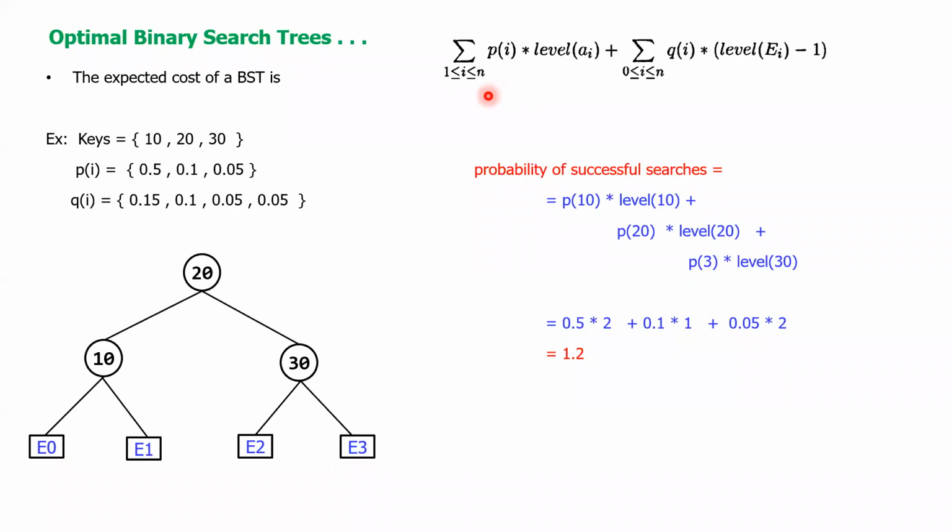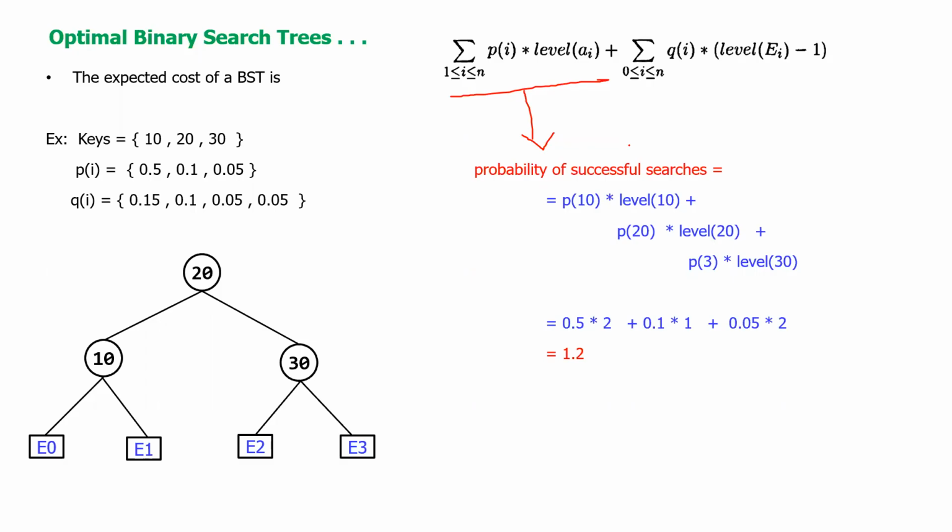Now, if I start with finding out the first term, which is the total probability of all the successful searches, it is equal to the sum of the product of probability into its level.